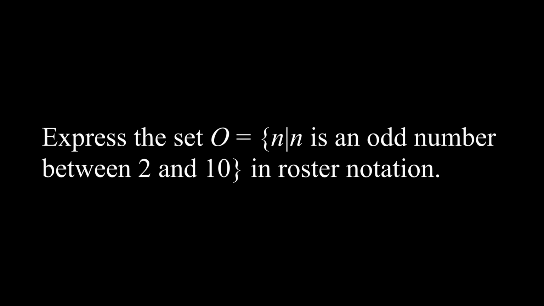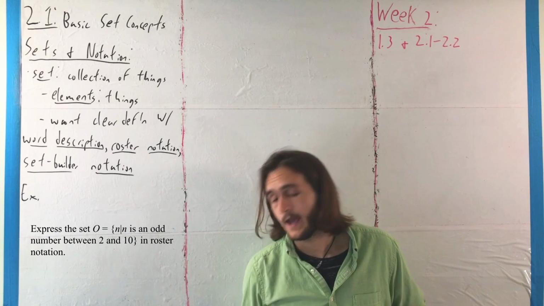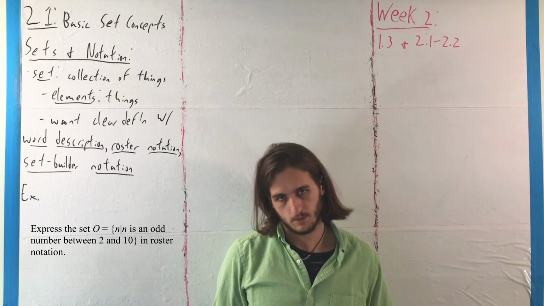So for our second example, we want to describe the set O, where O is equal to the elements n, such that n is an odd number between 2 and 10, in roster notation. So okay, here what we have is something in set builder notation.